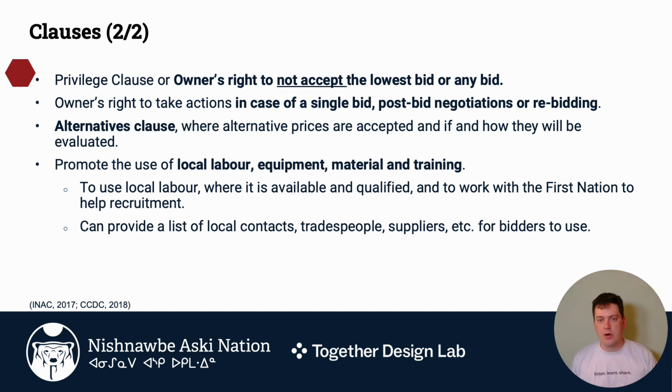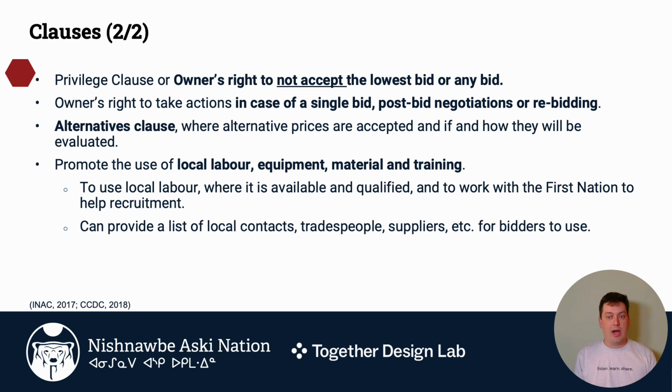Other clauses shown on screen here can include what you're going to do if only a single bid is received, or alternative clauses, and that's important. It talks about where alternative prices or materials will be accepted. So you, as the owner of the project, for example, in a design bid build, may have included or should have included a full drawing package and specification in your tender package.